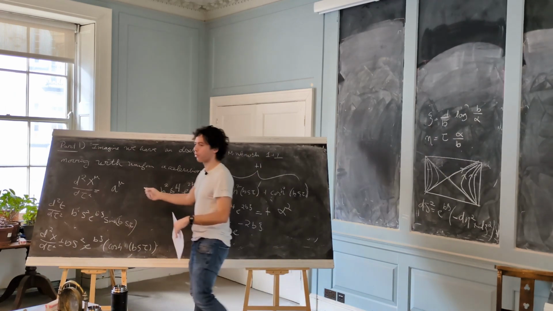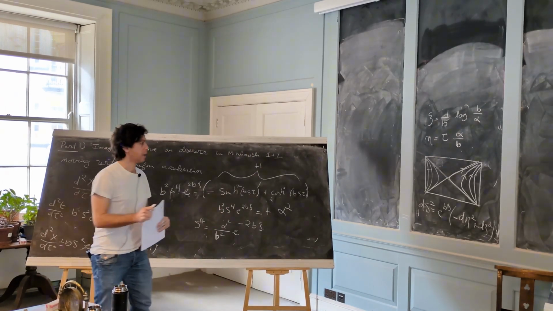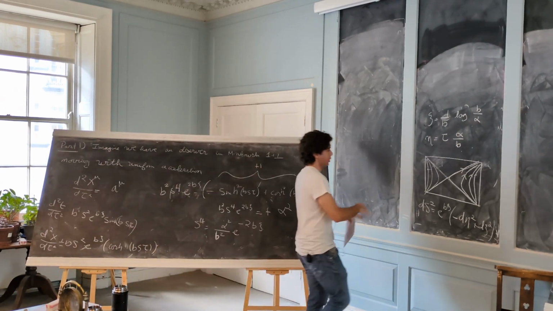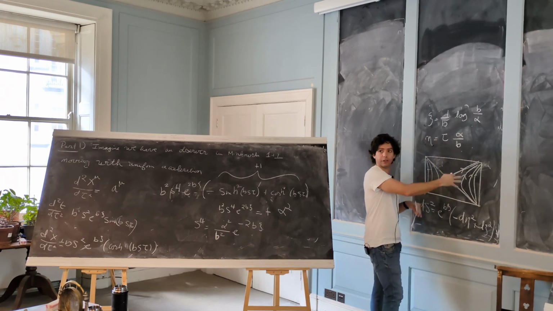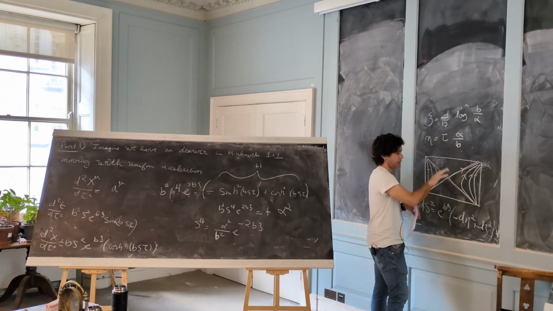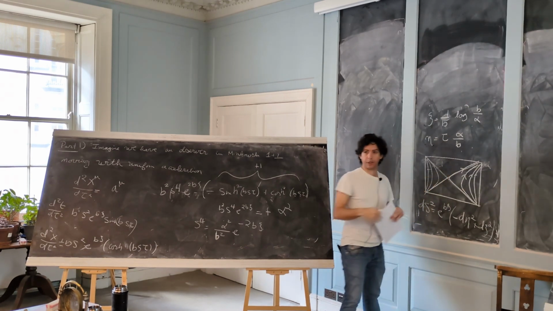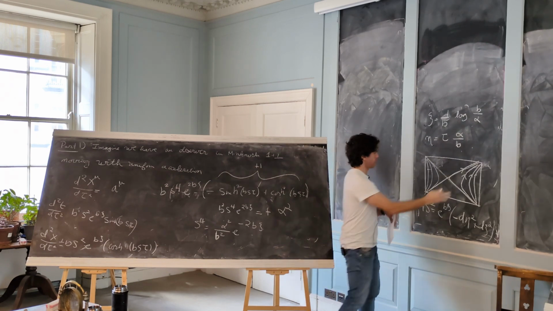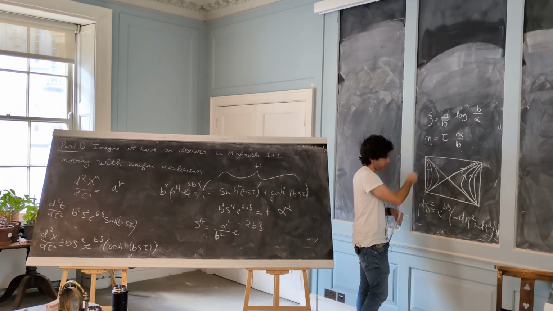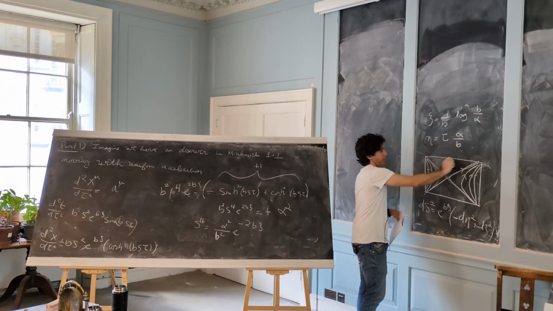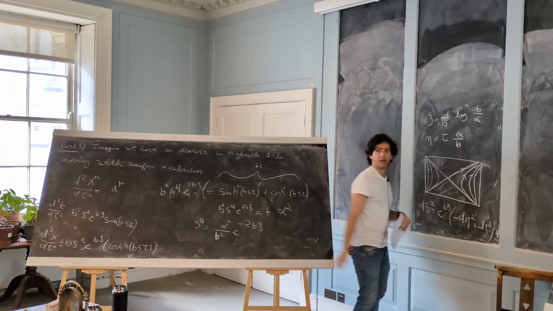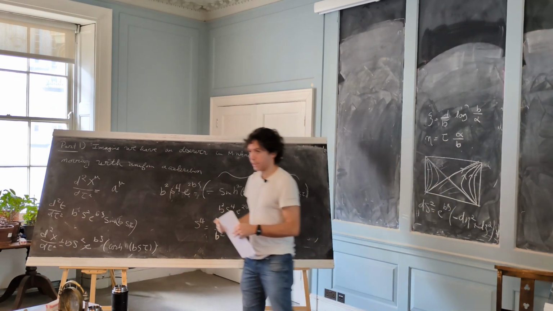So all of them have the same proper acceleration, and the Rindler coordinates do not cover all of Minkowski space. They cover a wedge. You can consider extending these coordinates to this wedge, but you'll never cover these parts of Minkowski space.